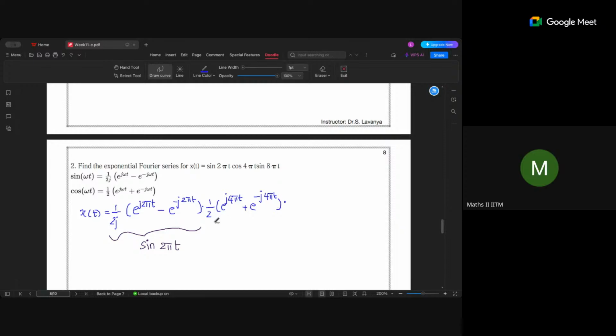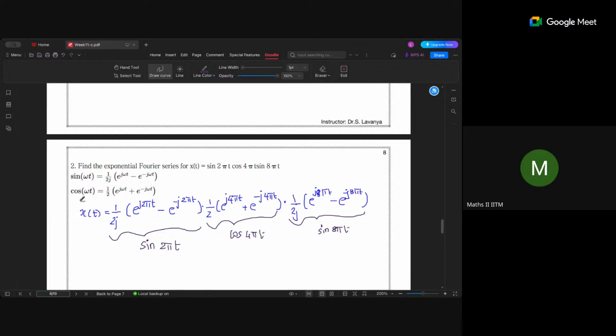And again, you have sine 8 pi t, so you have 1 by 2j, e power j 8 pi t minus e power minus j 8 pi t. Okay, so you see that this corresponds to cos 4 pi t, and this corresponds to sine 8 pi t. We have just applied these two formulas.